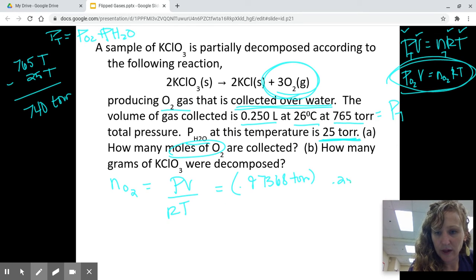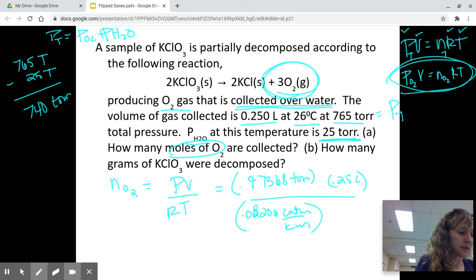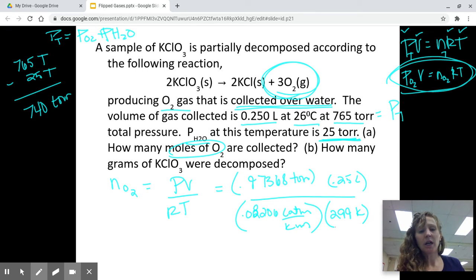Volume 0.25 liters, R 0.08206. Temperature 26 plus 273 is 299. Plug and chug.